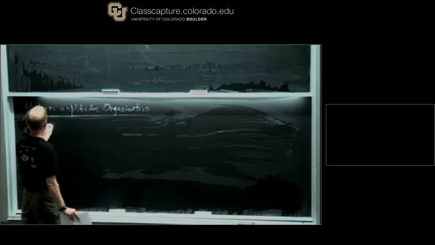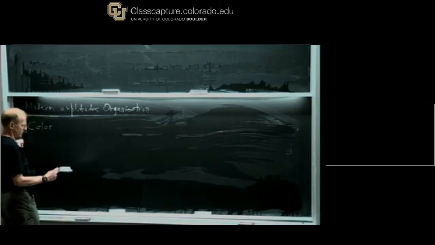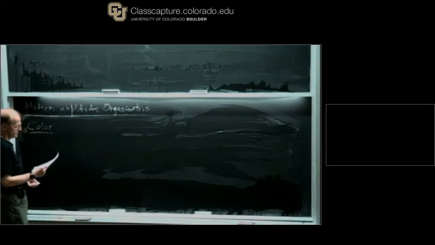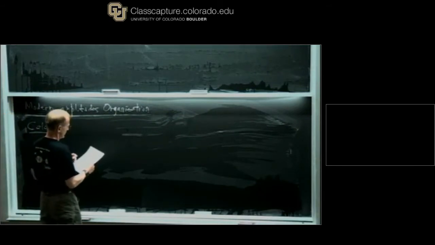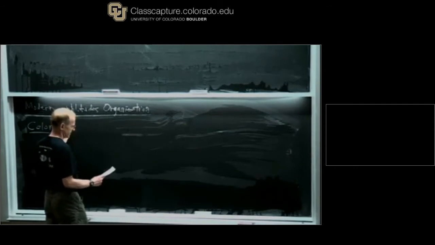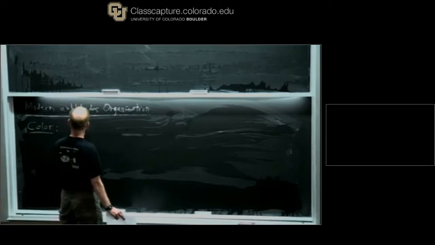So there's 2 aspects to this organization. One is what are different ways to handle the color organization, and then also kinematics, and we'll only get to start color here. So for simplicity, we're going to consider adjoint theories.